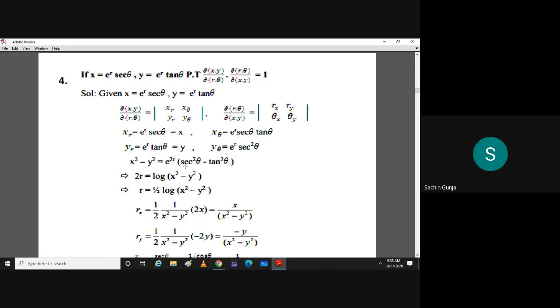Now if you apply log on both sides, you will get log of x square minus y square equal to log of e raised to 2r, which is nothing but 2r. So r is equal to 1 by 2 log of x square minus y square. Is this fine? R as a function of xy?